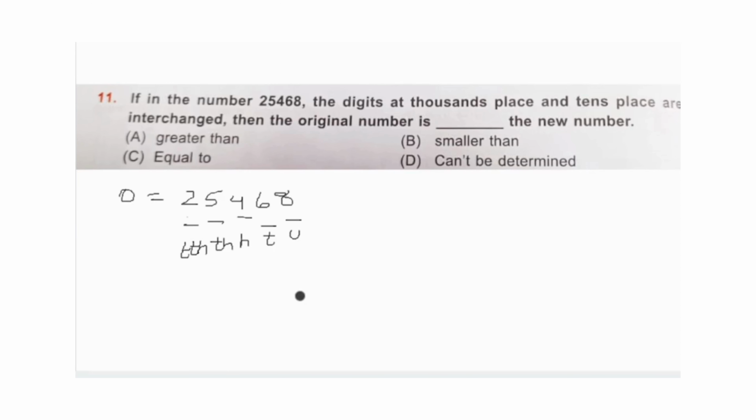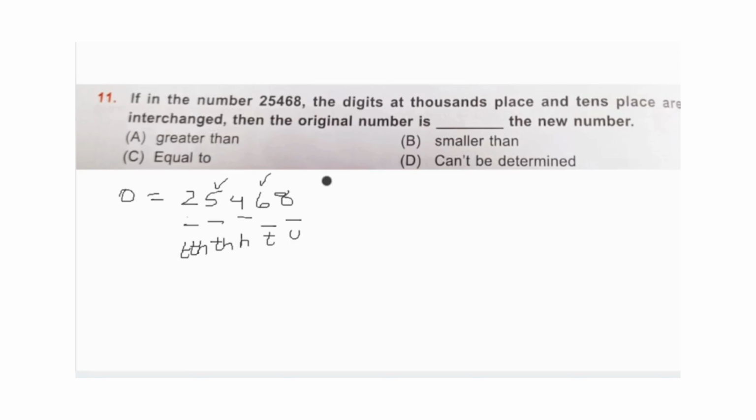Now, if you read the question, they say the digit at the thousands place, which is 5, and the digit at the tens place, which is 6, are interchanged.